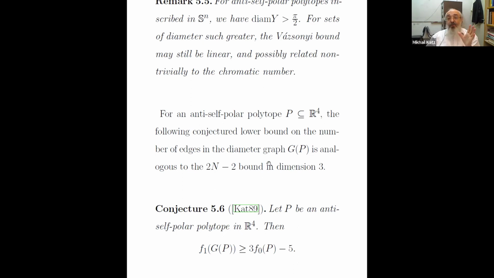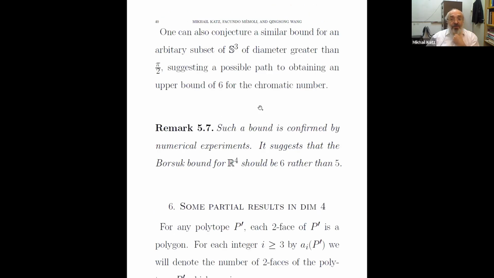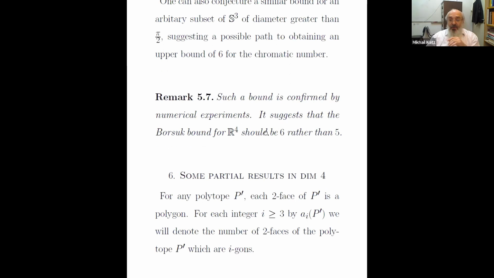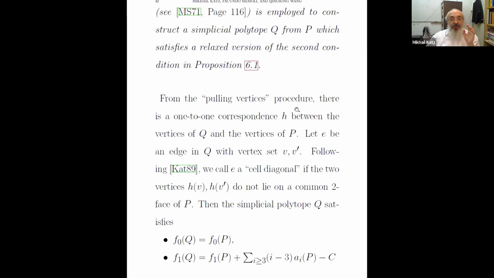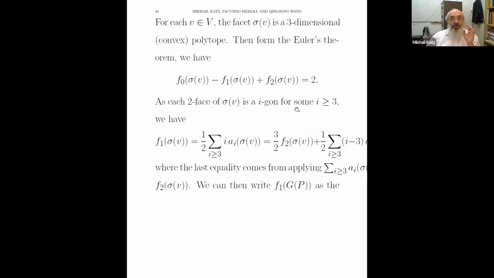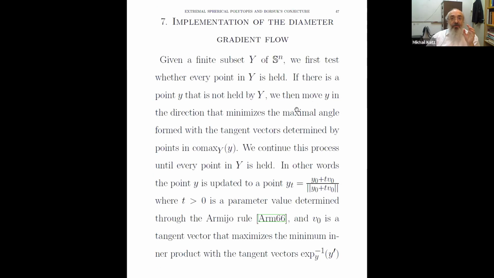That leads you to conjecture that maybe the Borsuk number of R4 should be 6 and not 5. That's what we say here. At this point, I'm going to have to skip to the chase. There are some partial results in dimension 4 toward proving that f1 is bigger than 3f minus 5 that I don't really have time to go over.